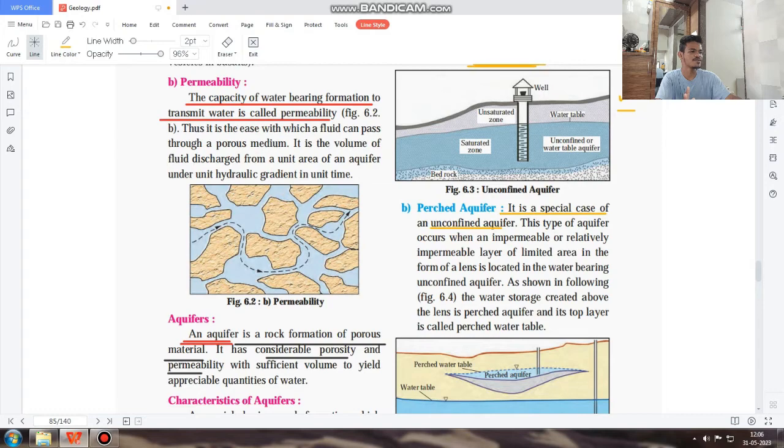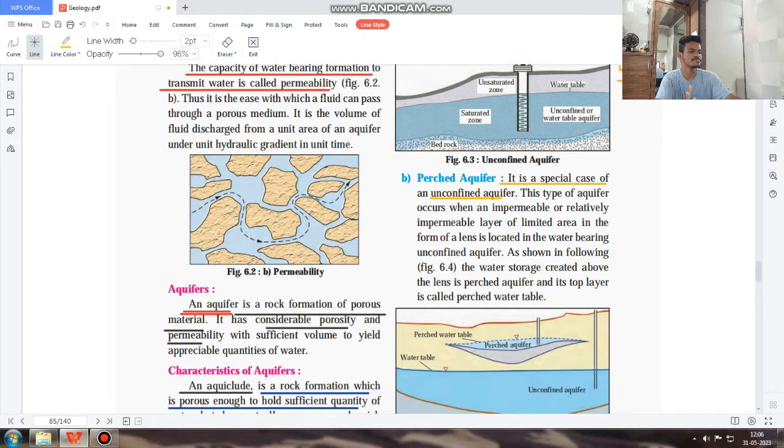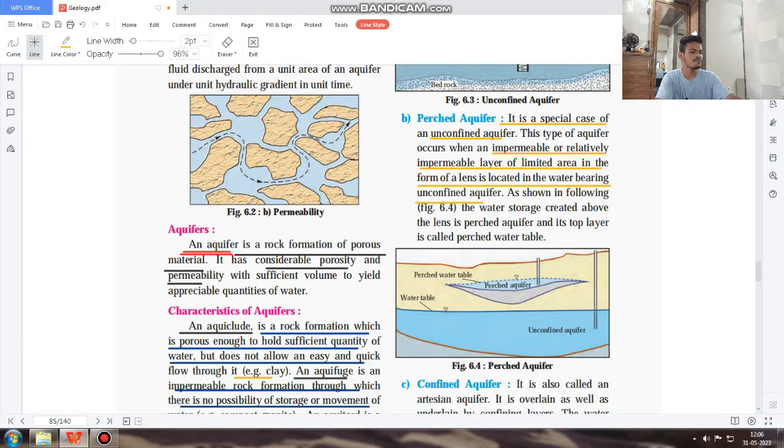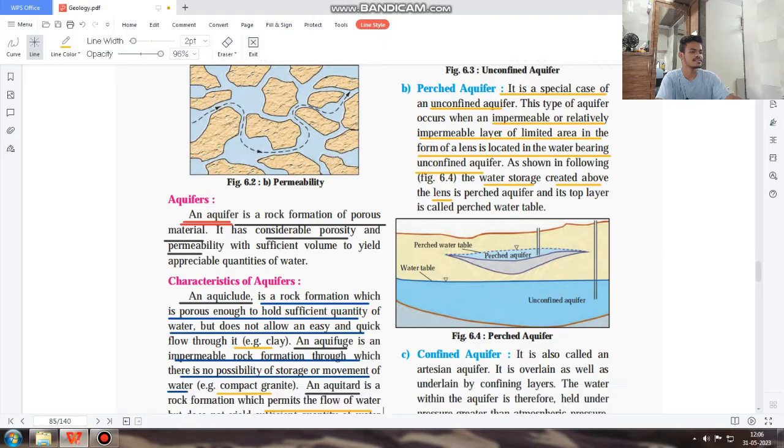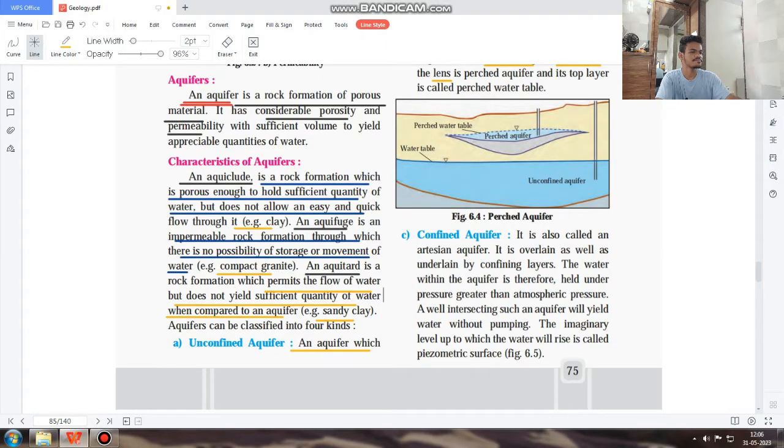But over here, this layer is only present down. This type of aquifer occurs when an impermeable or relatively impermeable layer of limited area, in the form of a lens, is located in an unconfined aquifer. It stores water here, and it stores water here also. So this water storage is created above the lens. Hence it is called perched.